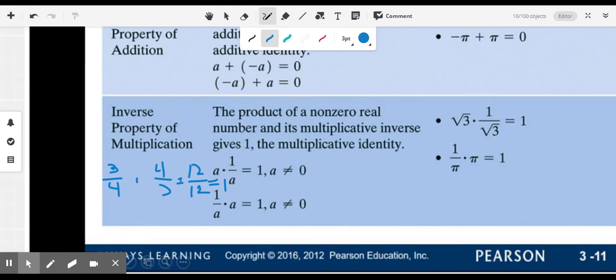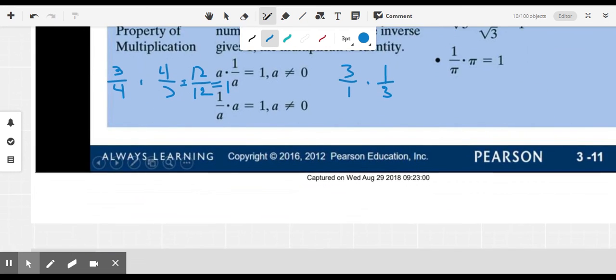Remember, if a number like 3, what's the inverse of 3? Well, we would have to write 3 as a fraction, which would be 3 over 1. And so its inverse would be 1/3. So if it's not in fraction form, put it over 1 and then flip it over, and that's the inverse. And then multiplying those two together always equals 1, that is the inverse property of multiplication.